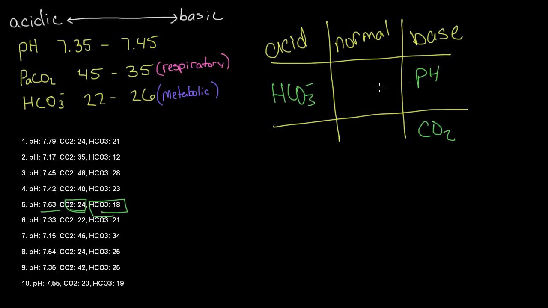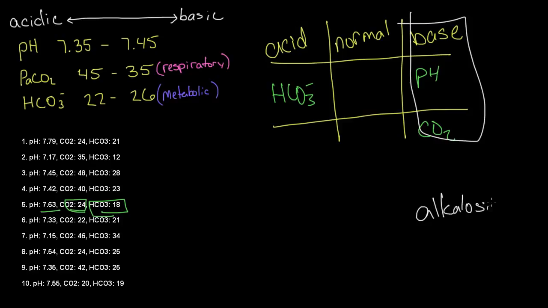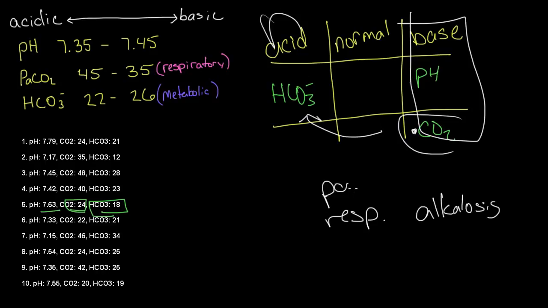Okay, so let's go ahead and do our diagnosis now. So our tic-tac-toe here, we are in alkalosis. Our parameter that made it up is a respiratory parameter, so we are in respiratory alkalosis. Our other parameter is partially compensating because it's in the opposite column, so partially compensated.